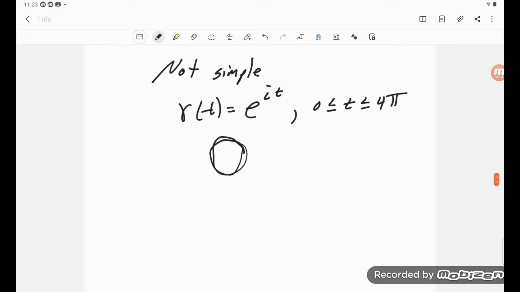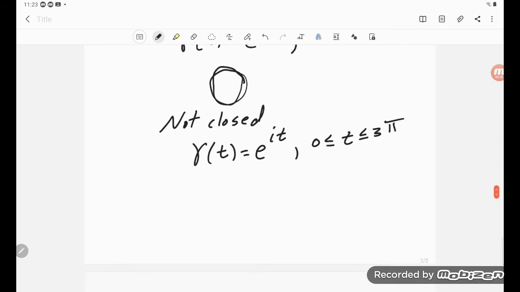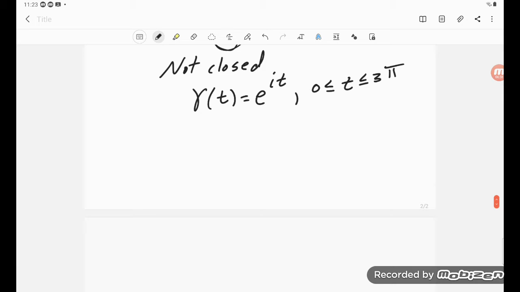And the funny thing is, it's also not closed if I did something like e to the it and went from 0 to 3 pi, because I wouldn't end up where I started. So it's not closed nor simple in that case.